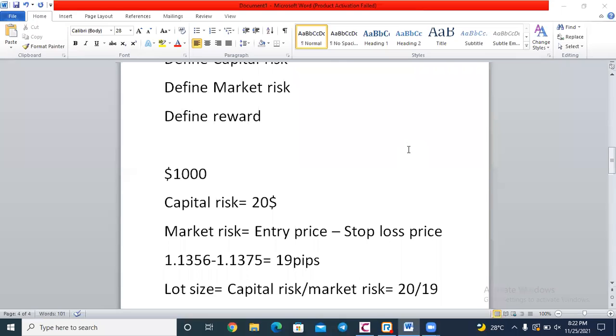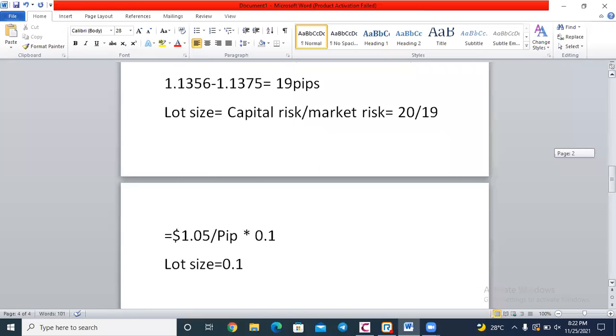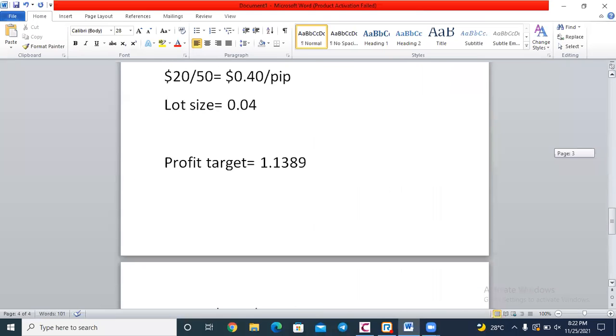That is a risk reward ratio of 1:1.5. So 50 times 1.5 is 75 pips. Since you are selling, you will subtract that 75 pips from your entry price. If you are buying, you will add 75 pips to your entry price. That will be your profit target. Is that clear? Yes.